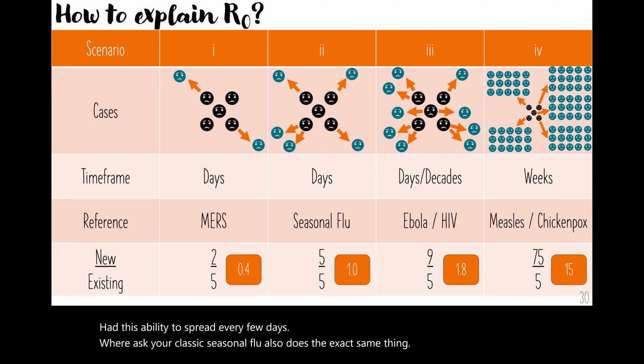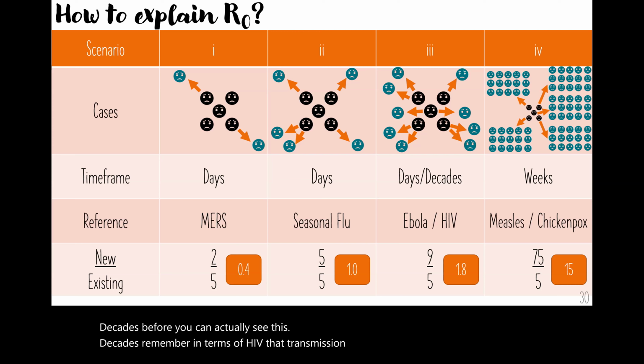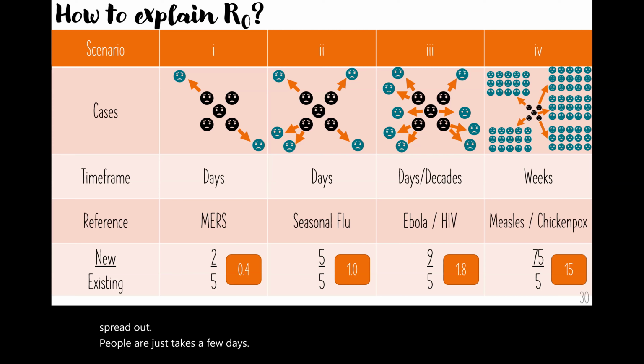However, diseases like Ebola and HIV, which have twice as much, if not a little bit more, the ability to spread, a higher R naught, take decades before you can actually see this. Decades. Remember, in terms of HIV, that transmission takes years, if not decades, for that to spread out. Ebola just takes a few days. 2 significantly different diseases that have the exact same R naught.